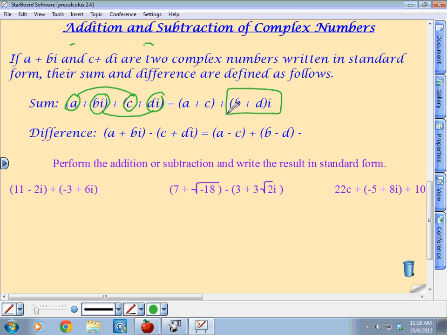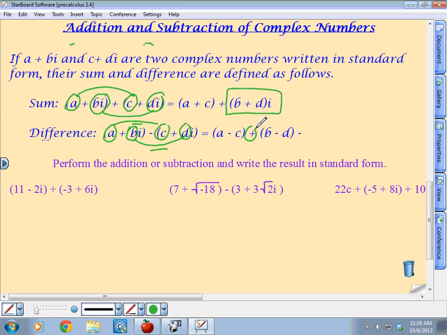When you're doing the difference, when you're subtracting them, remember you're going to subtract your real numbers, and then subtract your imaginary coefficients there, and then add the whole thing.